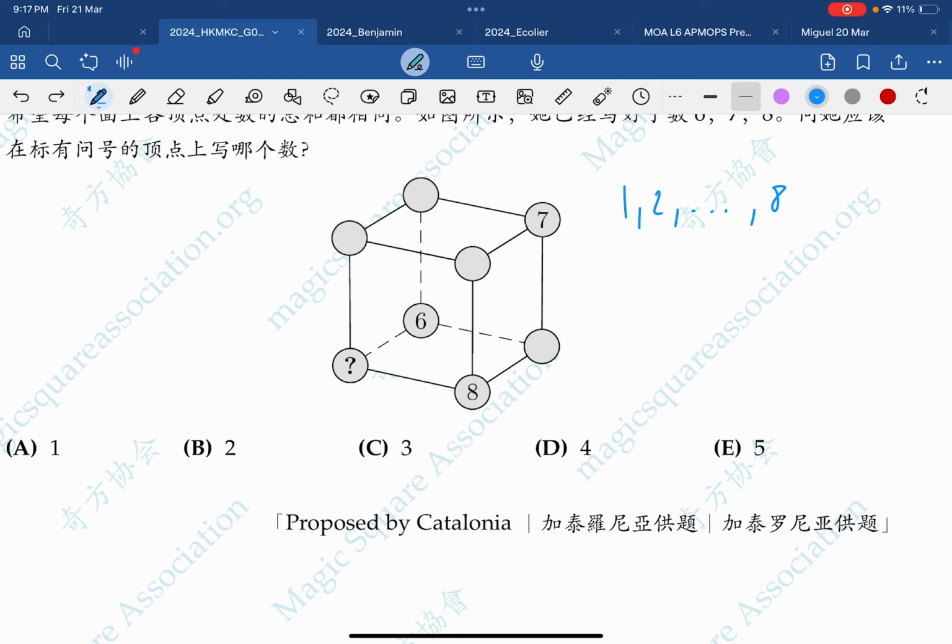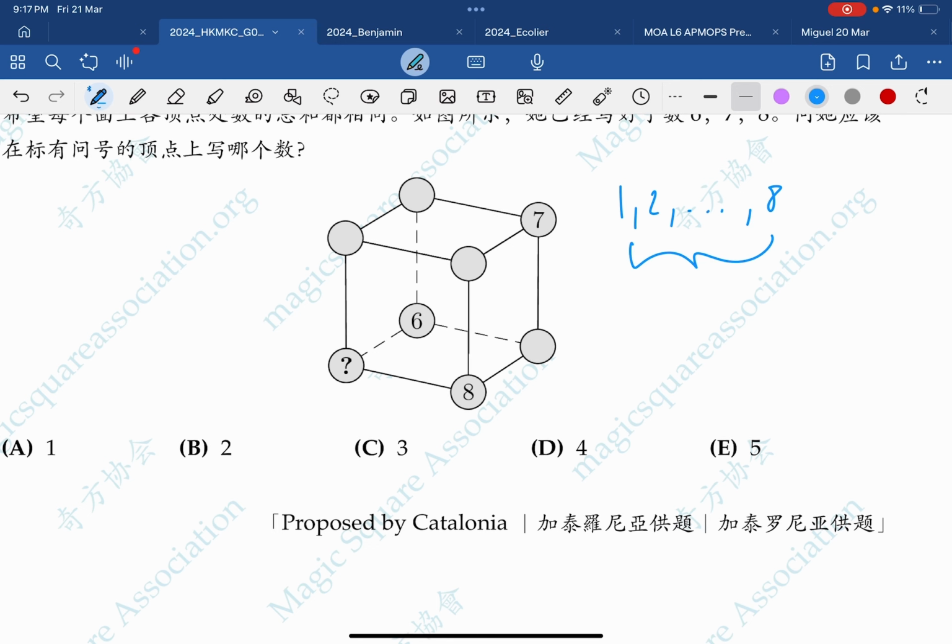Yep, so how do we do this? Okay, if we add all the numbers from 1 to 8, which is basically all the circles, 1 plus 2 plus 3 until 8 is going to give you 36. So that means if you add all the circles, you get 36.